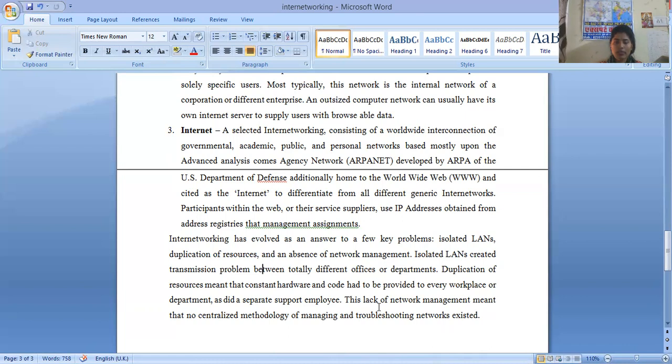Duplication of resources meant that the same hardware and software had to be provided to every office or department, as it was a separate support staff. The lack of network management meant that there was no centralized method of managing and troubleshooting the network.